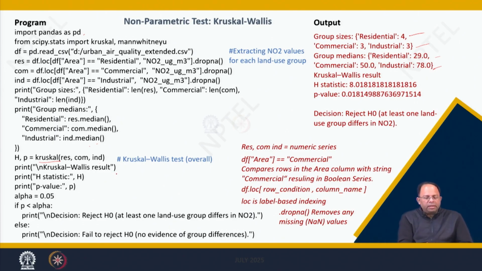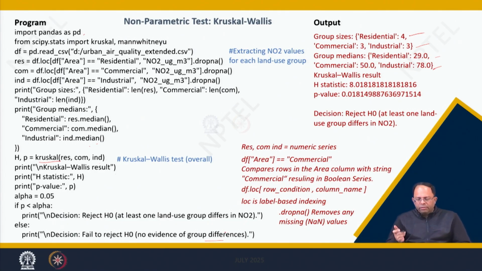Once we run it, we print the Kruskal-Wallis test result: the H statistic and the p-value. Then we do a basic if-else decision. If the p-value is less than 0.05, which is alpha, we print that the decision is to reject the null hypothesis, and at least one land use group differs in NO2. Else we print that we fail to reject the null hypothesis, that means no evidence of group difference.